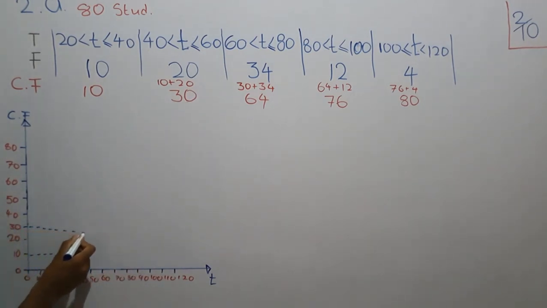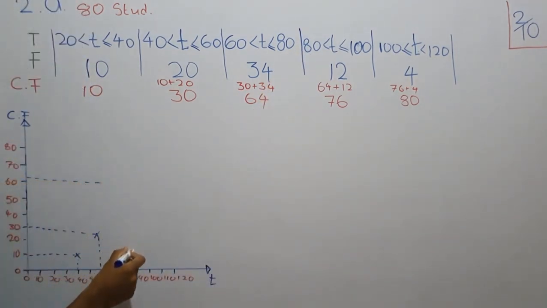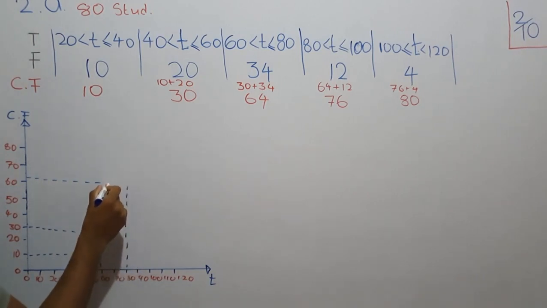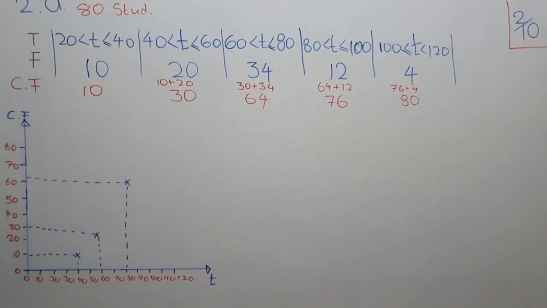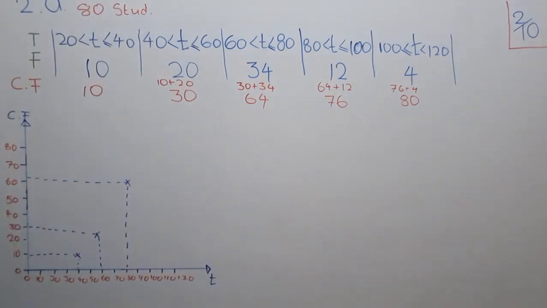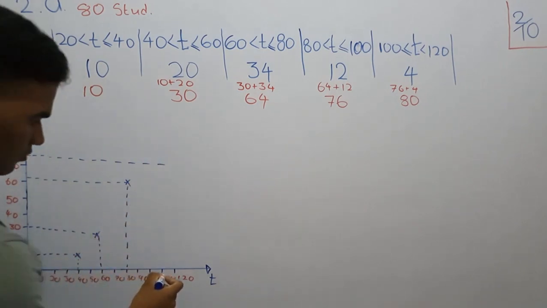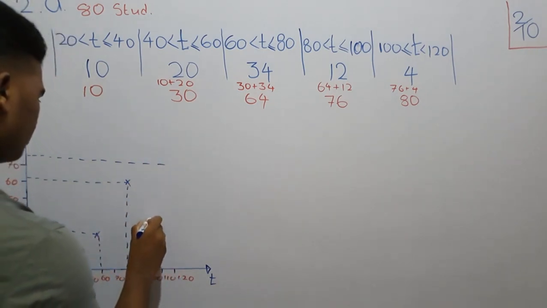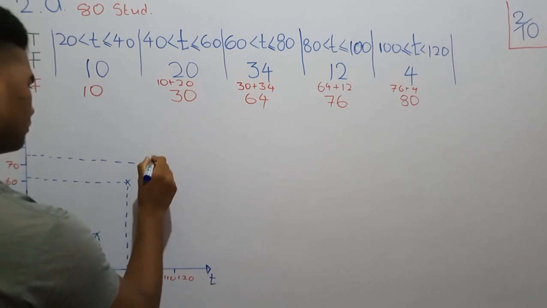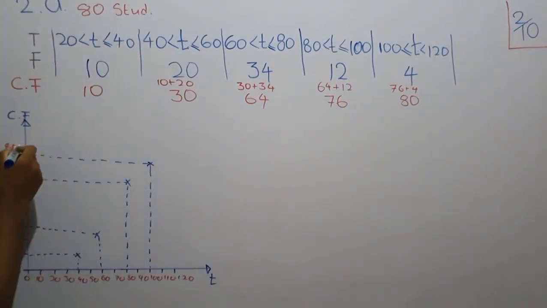And until the 80th time period, there are 64. And until the 100th time period, there are 76 frequencies. And until the 120th time period, there are 80 frequencies. So 80.